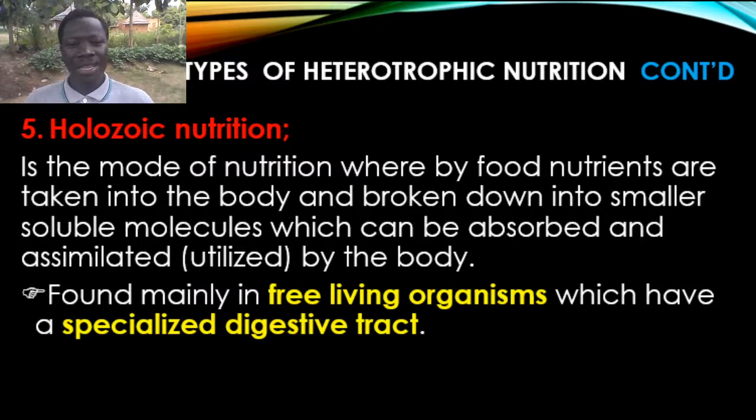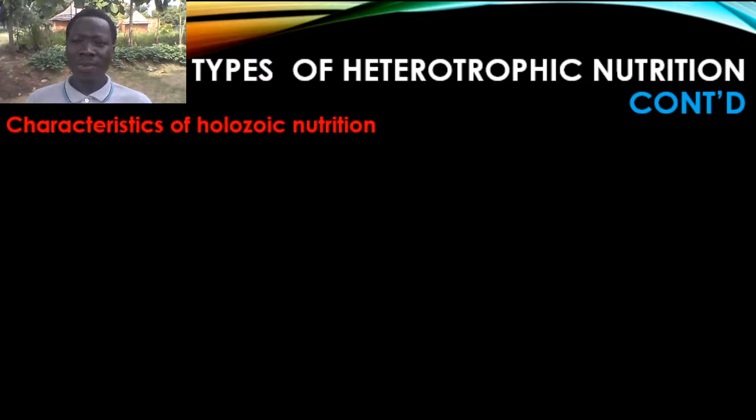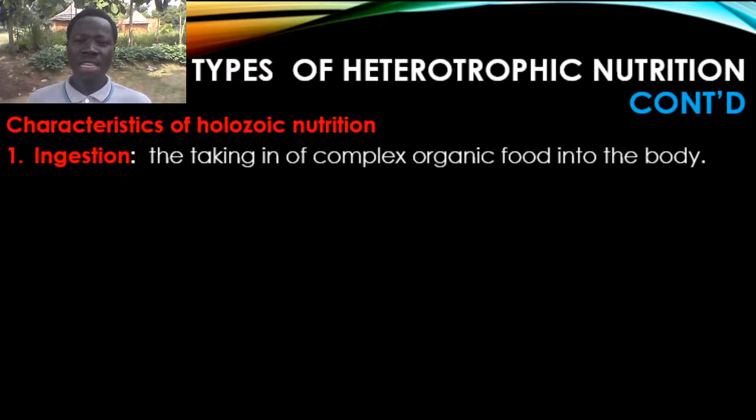Okay, we'll look at them soon. It is commonly found in free living organisms, but the characteristics are what will make it much more clear. When we talk about holozoic nutrition, you should note that the first step in holozoic nutrition is ingestion. This ingestion is the taking in of the complex organic food into the body.